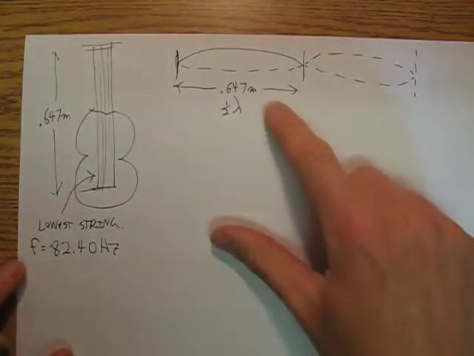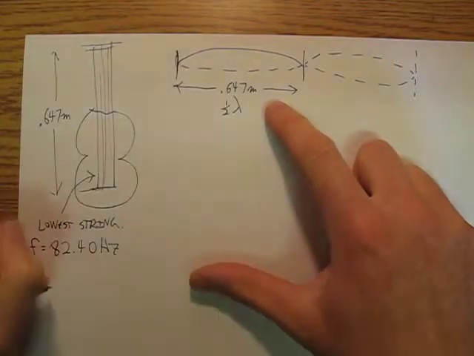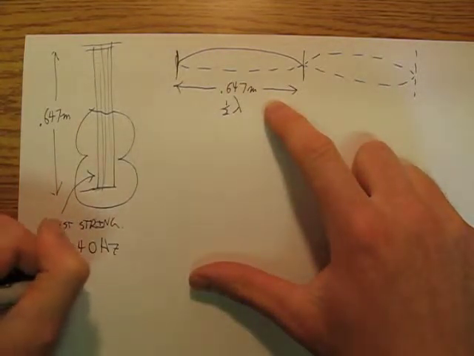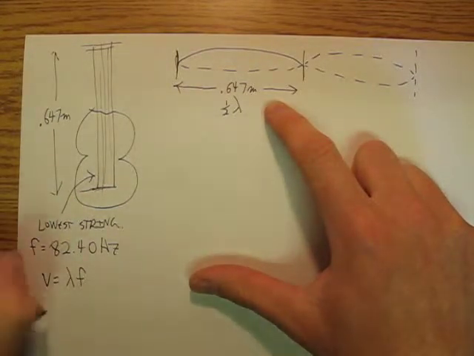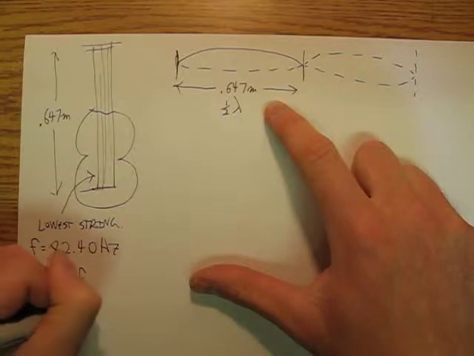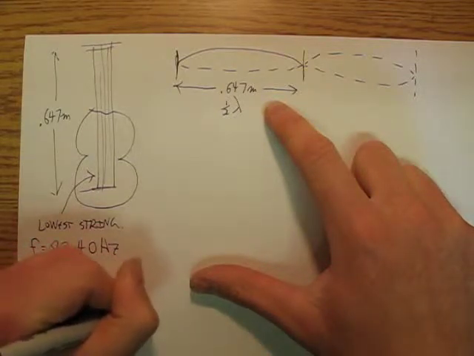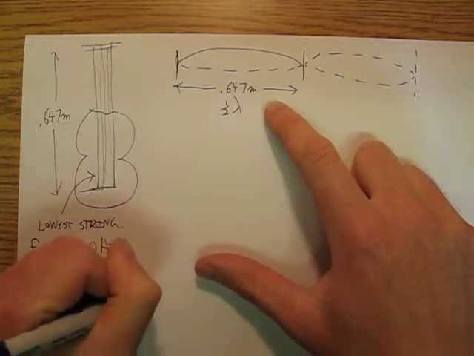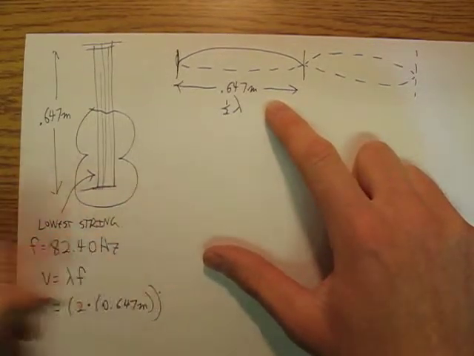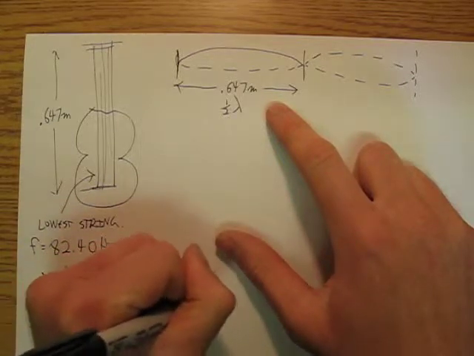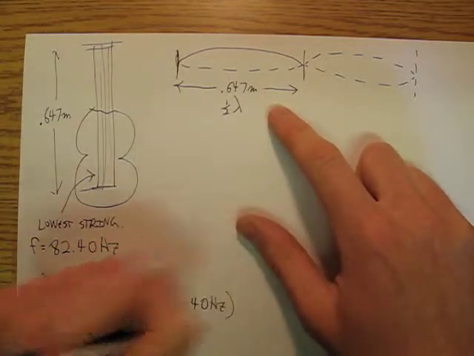So I'm going to say that V equals lambda F, and my wavelength is going to be 2 times 0.647 meters, and my frequency is going to be 82.40 Hertz.